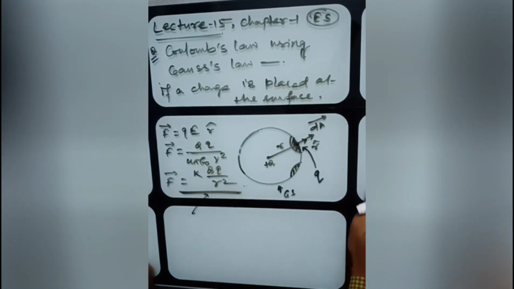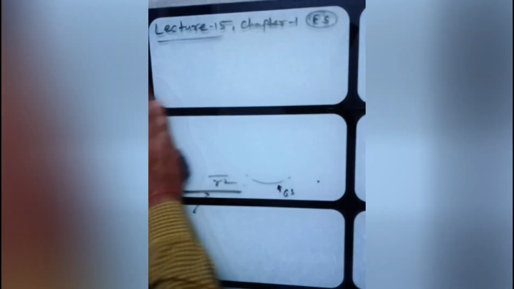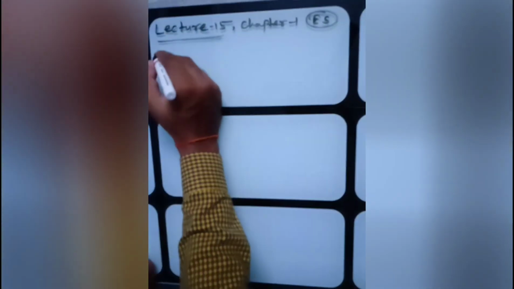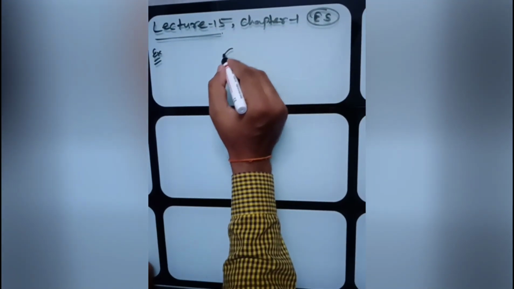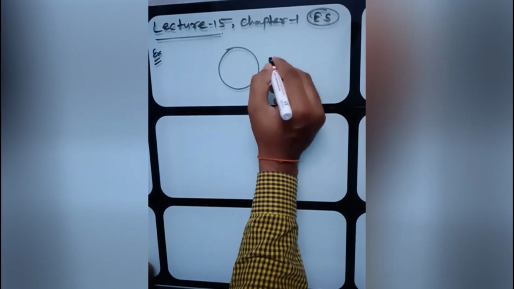Okay, now let us discuss a few examples on electric flux and Gauss law. Suppose this is a Gaussian surface and a charge Q is placed over here.